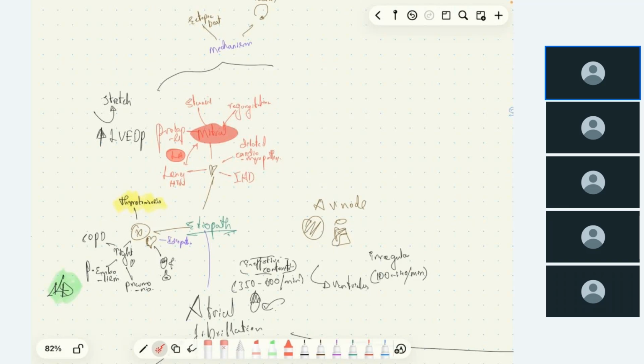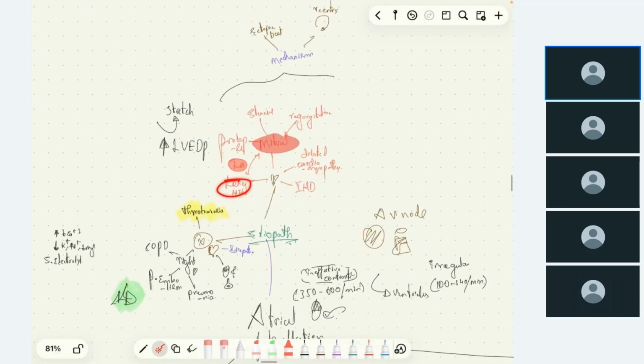How? Long-standing hypertension and mitral diseases like mitral regurgitation, mitral stenosis, and mitral valve prolapse lead to atrial fibrillation. Due to these causes, there is increased left ventricular end diastolic pressure, meaning the left atrial pressure is increased.